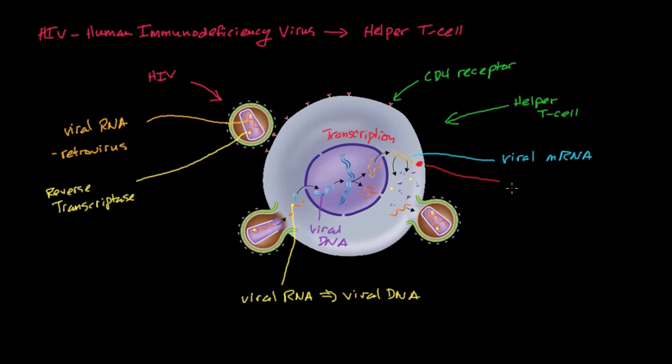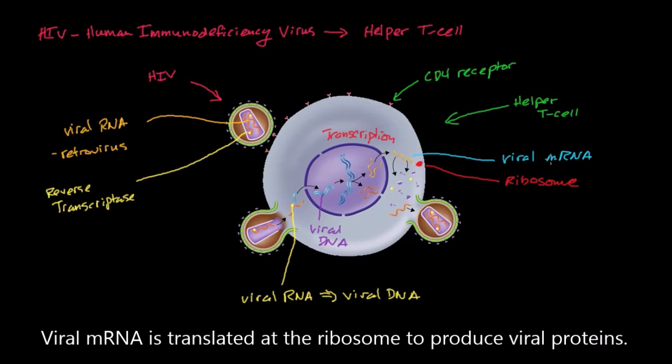This is a ribosome. A ribosome is an organelle that makes proteins. So this viral mRNA is delivered to this ribosome, and it codes for the message to make these guys here called viral proteins.